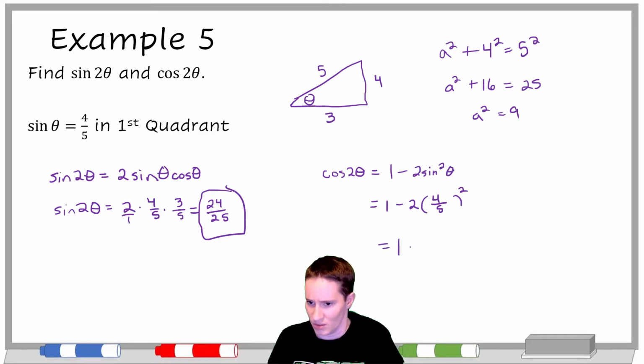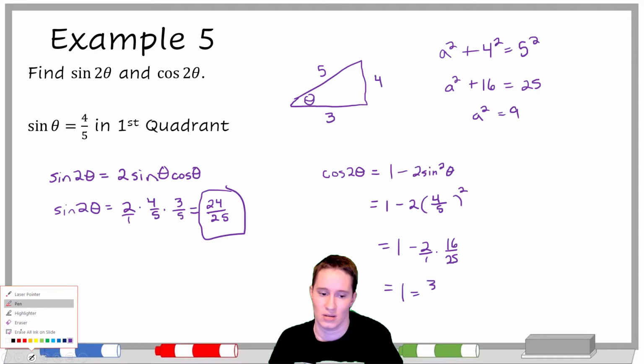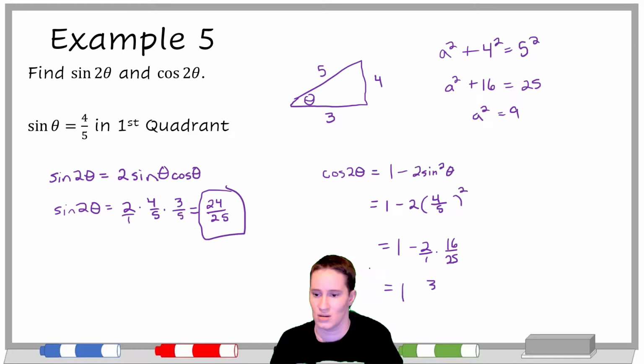So remember to square first and get 16/25. And then 1 minus 2 times that, that would be 32/25. One minus 32/25. And then that would be 25/25. 25/25 minus 32/25 is -7/25.